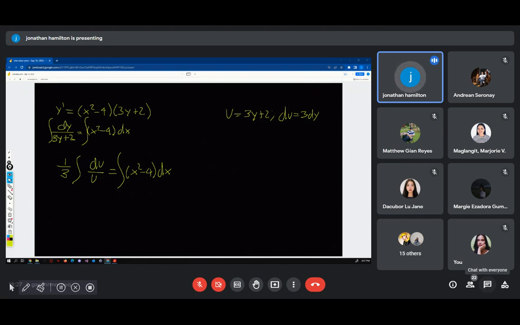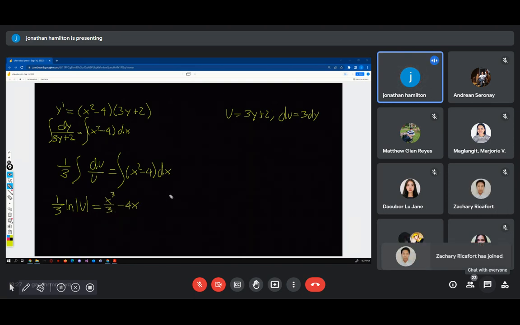if ato ni gamit ang identity sa integration, we can say na du over u is also ln of the absolute value of u. So we could say this is 1/3 ln absolute value of u is equal to, so ato ni siya integrated, so we get x cubed over 3 minus 4x.